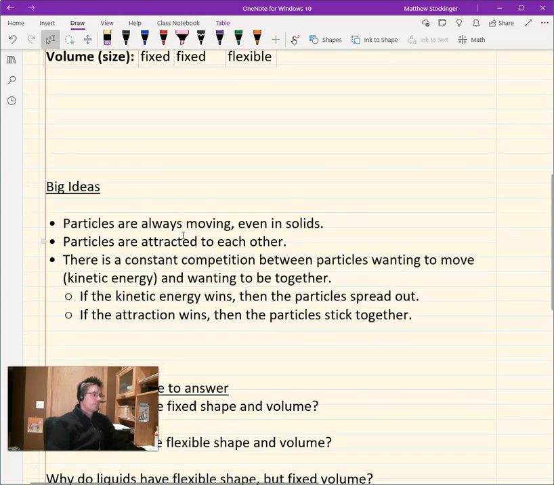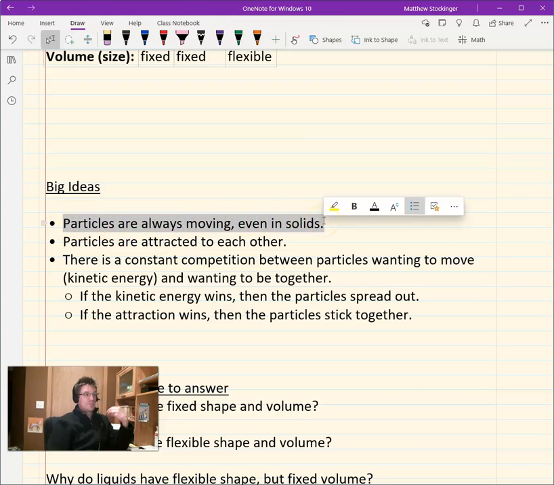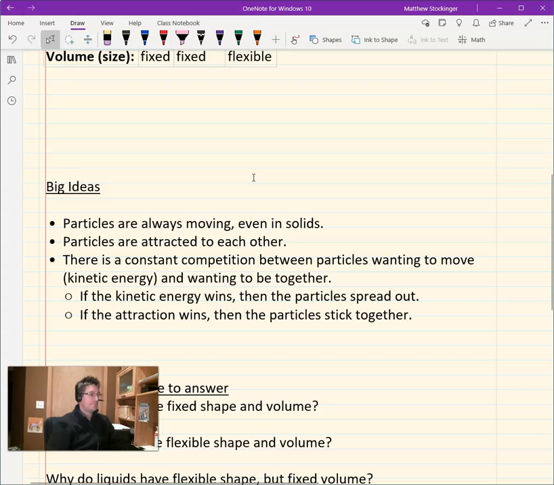Okay. So here's some big ideas that you should add to your notes that can help you with these descriptions. You're going to be using these facts in just about every answer to these questions. Particles are always moving, even in solids. They have kinetic energy. They move. At the same time, they're also attracted to each other. Particles pull toward each other.